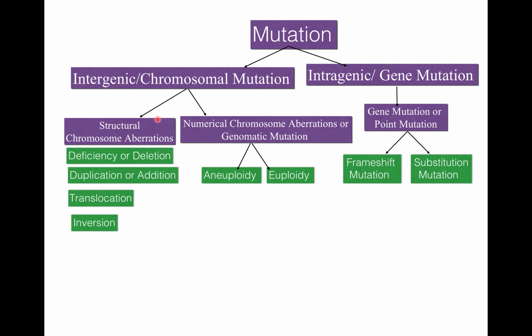Chromosomal mutation is of two types: structural chromosome aberrations and numerical chromosome aberrations. They are also known as genomic mutation. I have already discussed this part in the previous lecture. Now today I am going to discuss numerical chromosome aberrations, which include aneuploidy and euploidy.